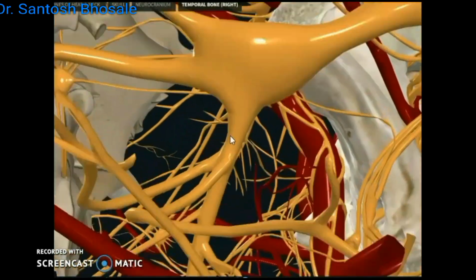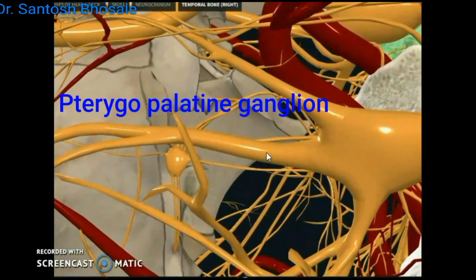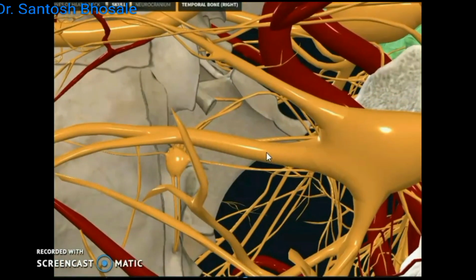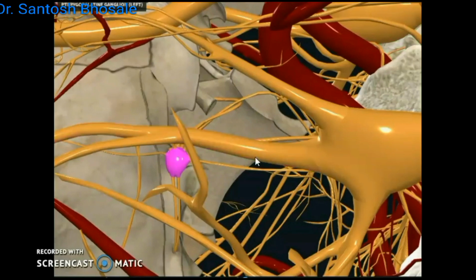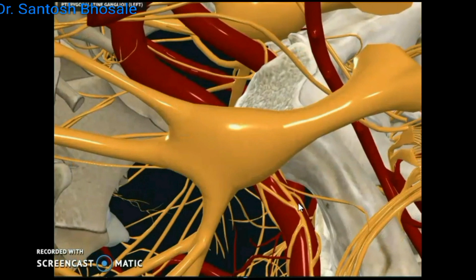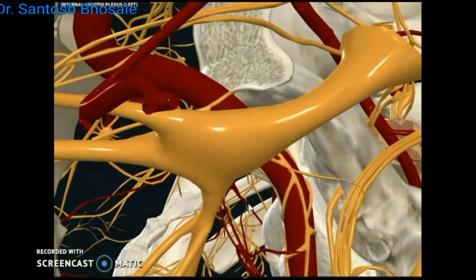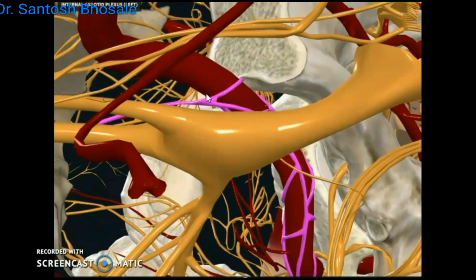If you see here, you can see the pterygopalatine ganglion there. This is the maxillary nerve coming from the trigeminal ganglion in Meckel's cave. It communicates with the ganglion via 2 rootlets, and you can see here the preganglionic fibers, that is the sympathetic plexus around the internal carotid artery.